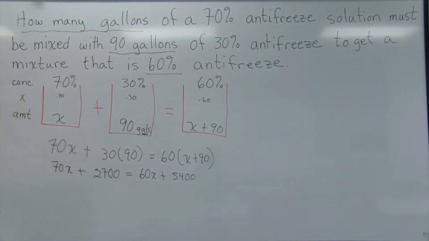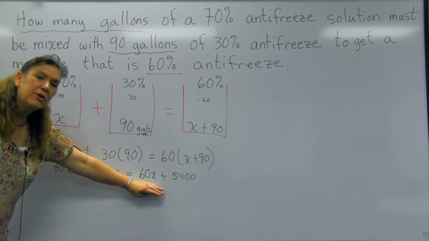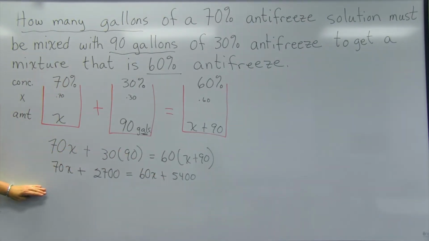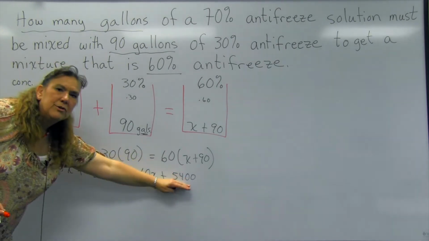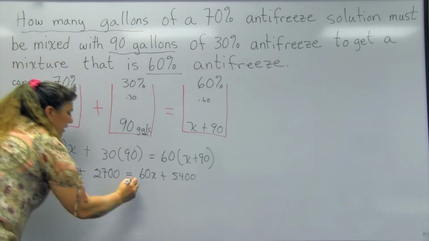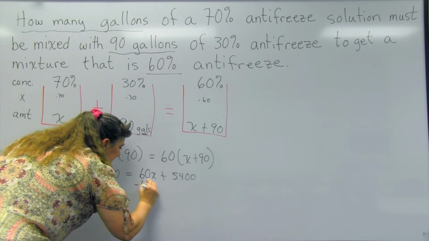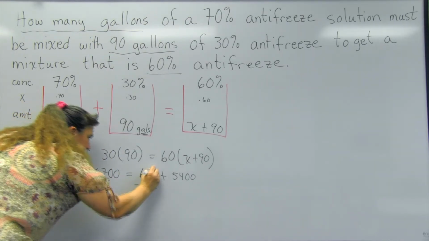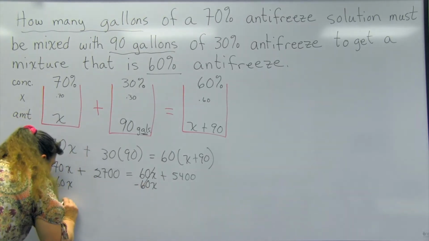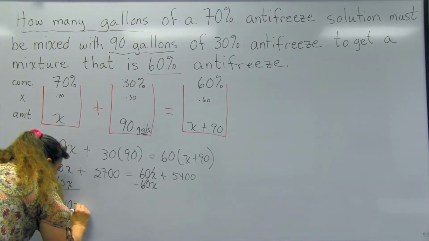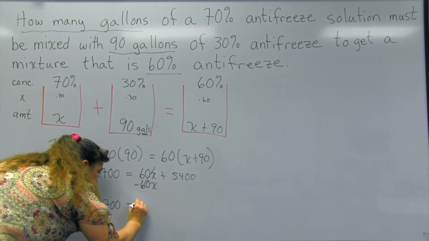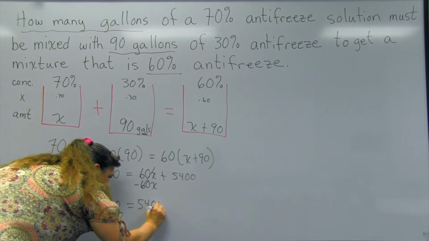Remember from working back in the previous assignments, when you have this happen, the first thing you're going to do is move your letters to the left and your numbers to the right. So we're going to move our letters first. Minus 60X, minus 60X. That makes it 0. So now we have 10X plus 2,700 equals 5,400.